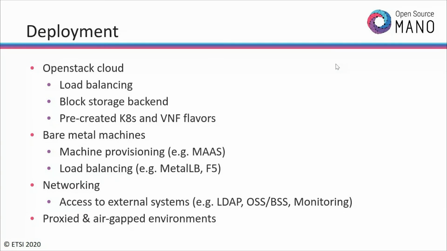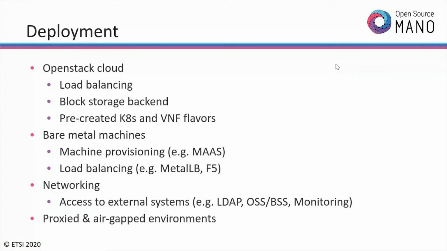And then for the air-gap deployment, what you need to do is definitely set up a repo and a container registry inside the air-gapped environment, and again, leverage the upstream charms for the deployment.